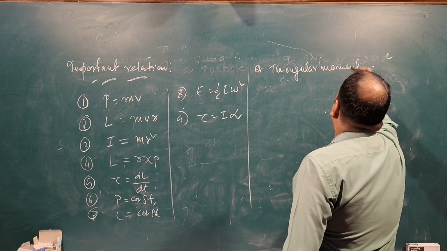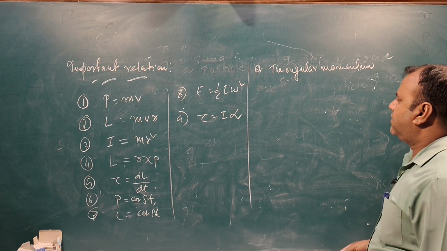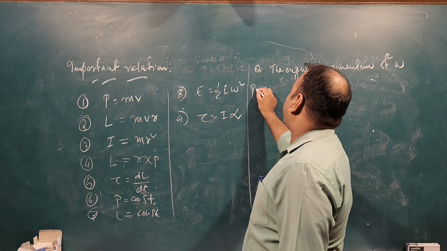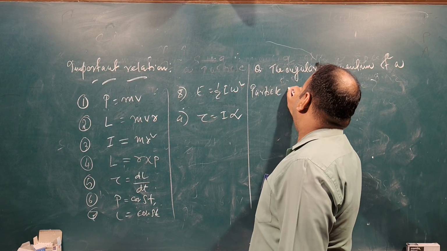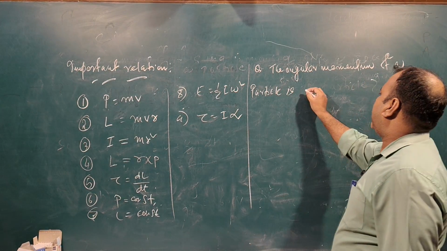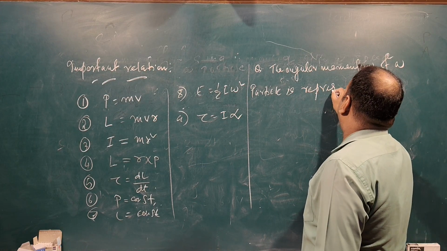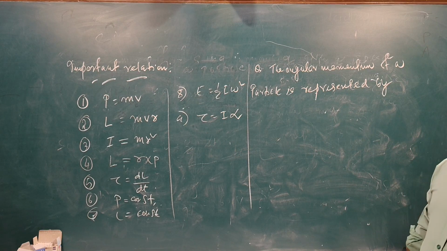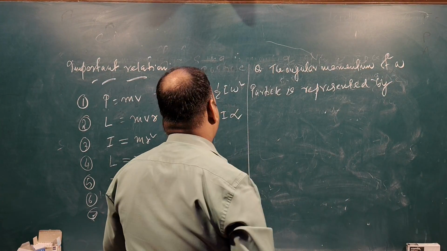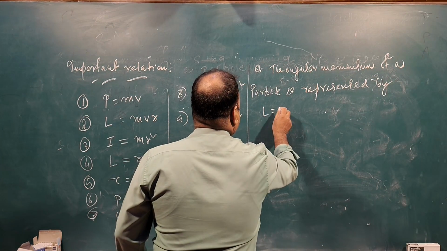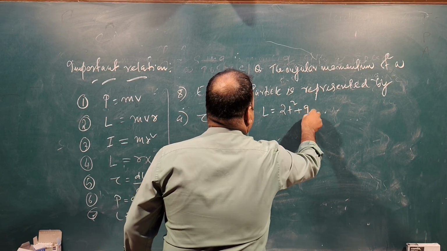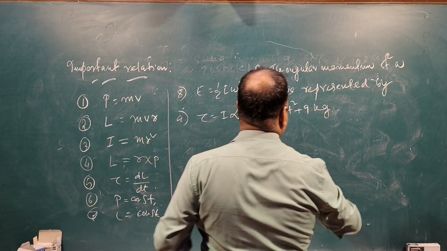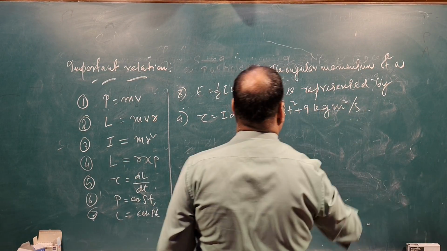The angular momentum of a particle is represented by L is equal to 2t² plus 9 kg meter square per second.